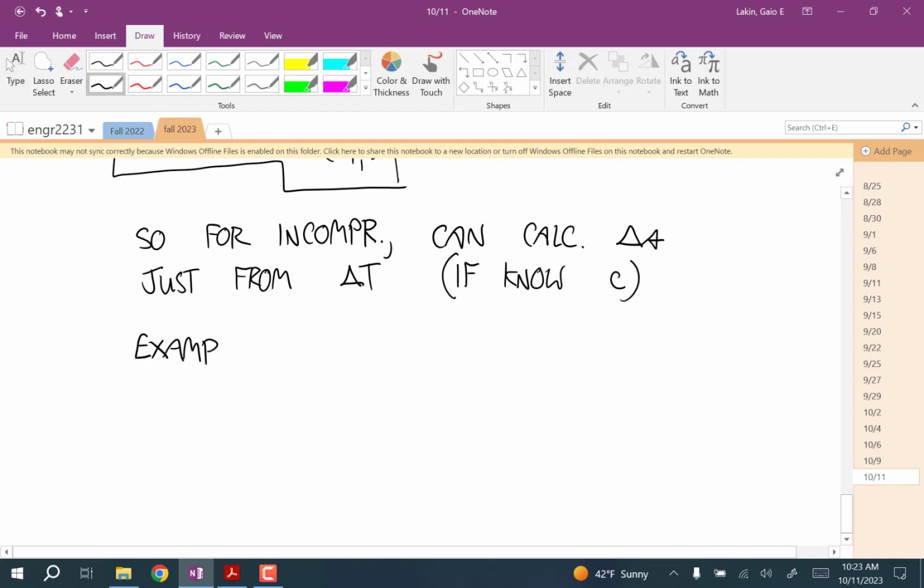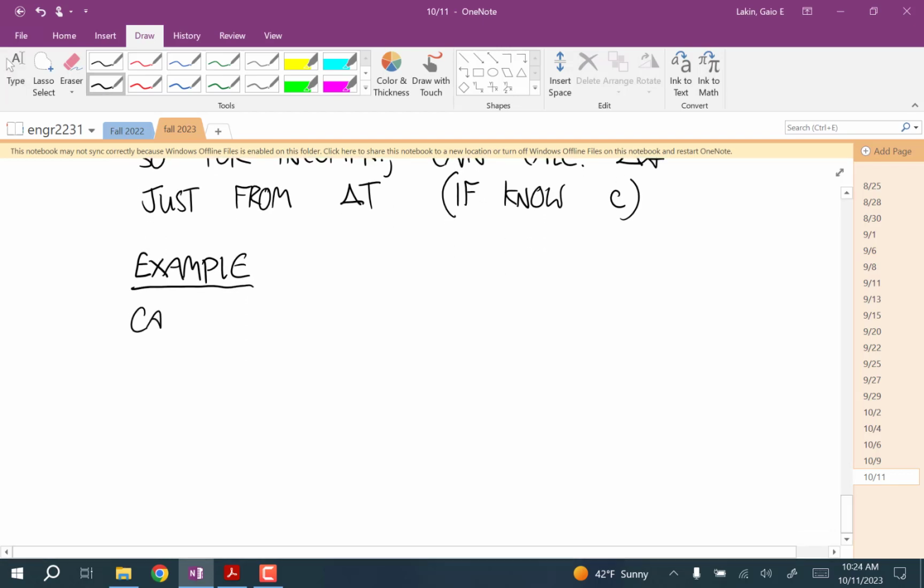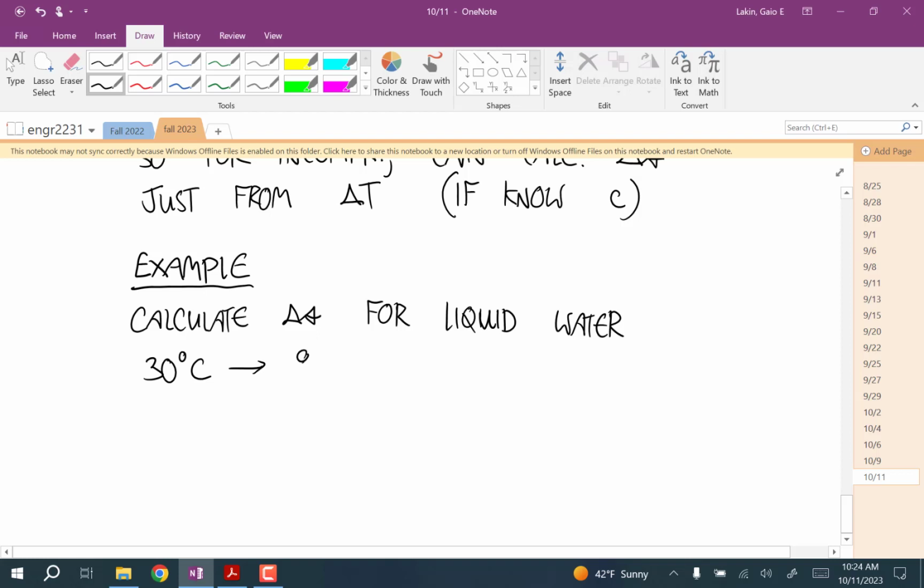Okay, so for example, let's say we want to calculate delta S for liquid water as it goes from a temperature of 30 degrees Celsius to 80 degrees Celsius for a pressure of 10 bar.